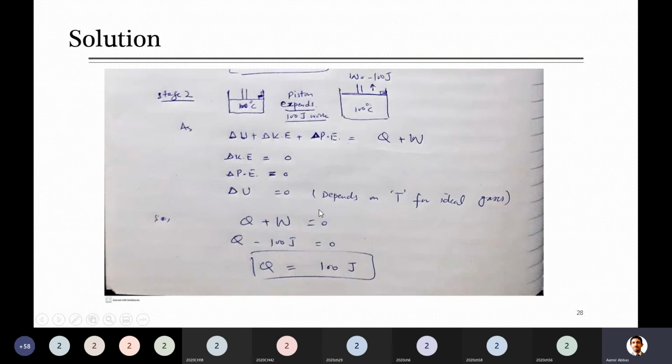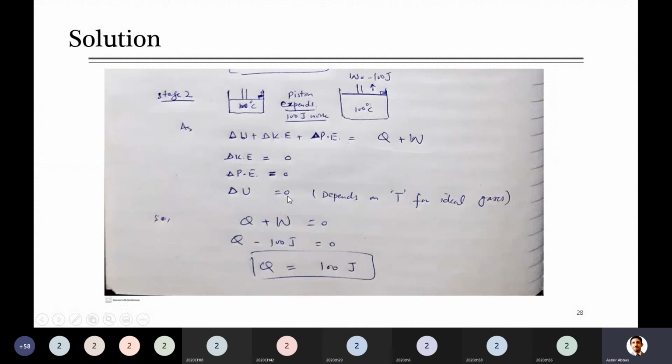Why? At that time also I said that this change in internal energy is dependent on temperature, and because temperature here remains the same, if you go back to the statement, based on which I have drawn this diagram, you can see that temperature remains the same for this gas. Yes, its position has changed, and during that some work is being done.